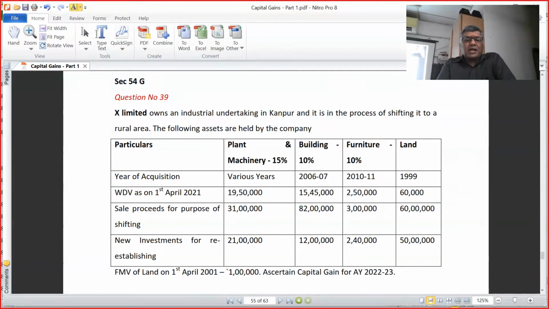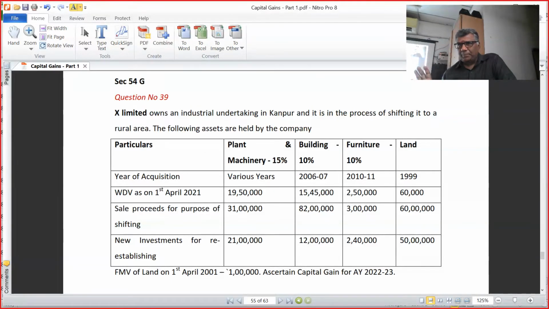FMV of the land as on 1/4/2001 is 1 lakh. Ascertain capital gains. First, work out land separately, like how we did for 54D, then plant and machinery, building, furniture. You need not compute depreciation.